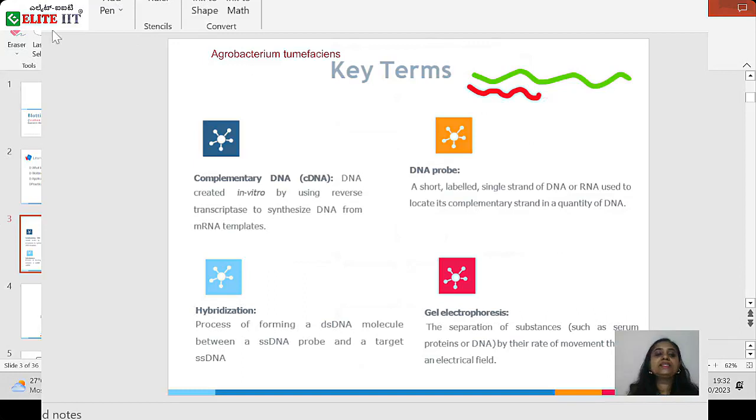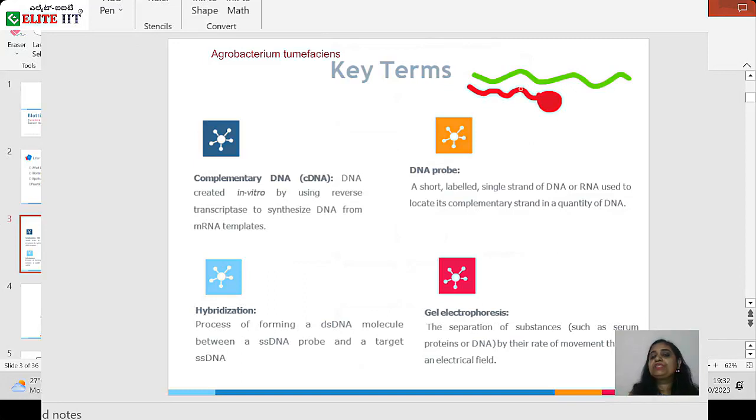Along with that, one marker or label is present. Label means, like in ELISA, which I discussed, where an enzyme was attached to the protein, antibody or antigen. Similarly, here mostly radioactive compounds are attached. So a short chain attached with a radioactive compound is known as the probe.